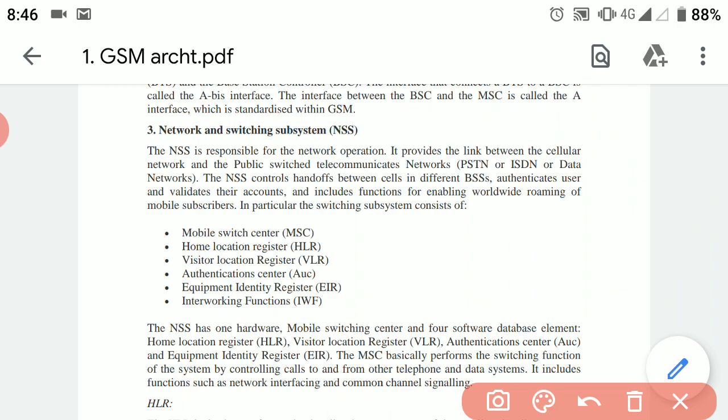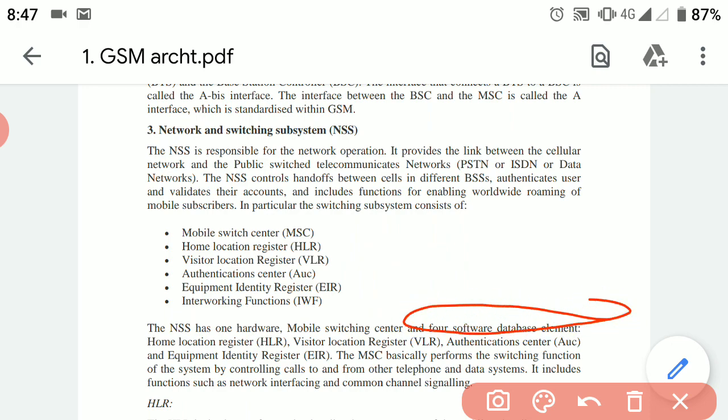The network and switching subsystem has different subparts: the mobile switching center, home location register, visitor location register, authentication center, equipment identity register, and the networking and interworking functions. The NSS has one hardware element, the mobile switching center, and 4 different database elements.